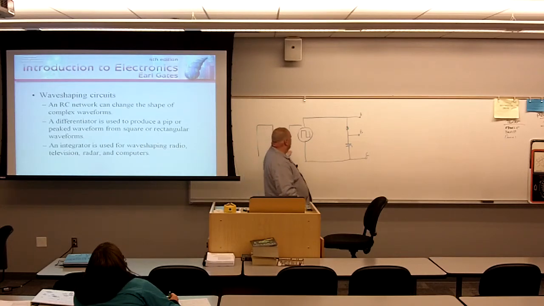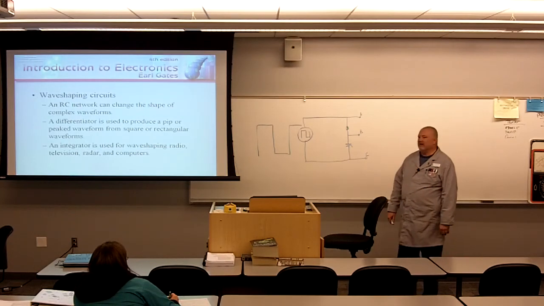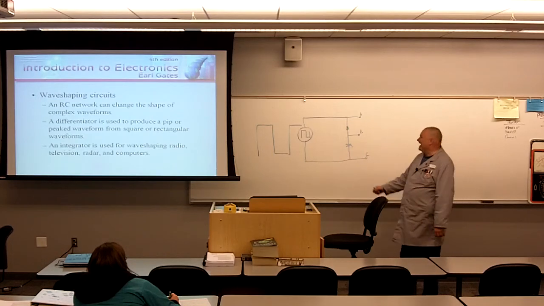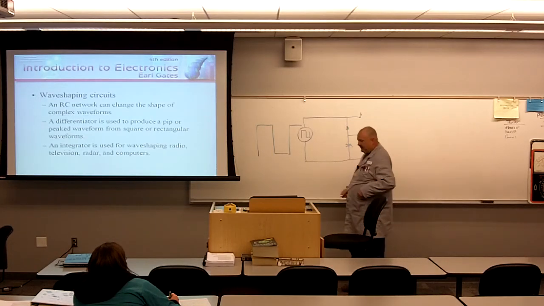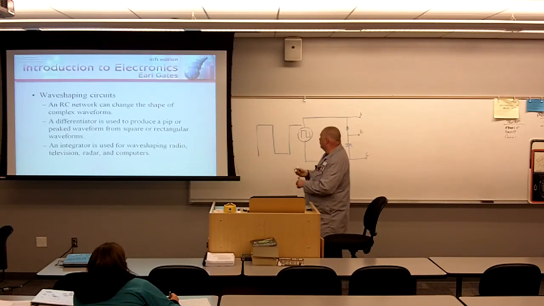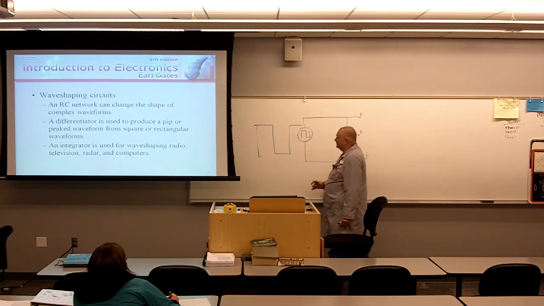So we're applying a square wave to this circuit. What's the output across the capacitor going to look like? One of the reasons I drew it on the whiteboard is so we could take a look at that. When the square wave goes from 0 to 100% instantaneously, what's the capacitor going to do?